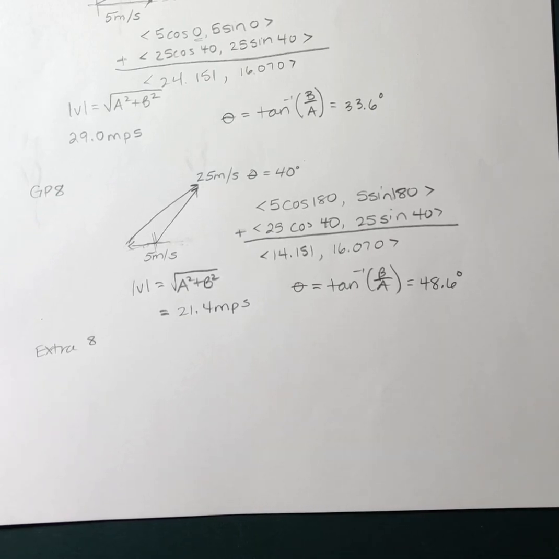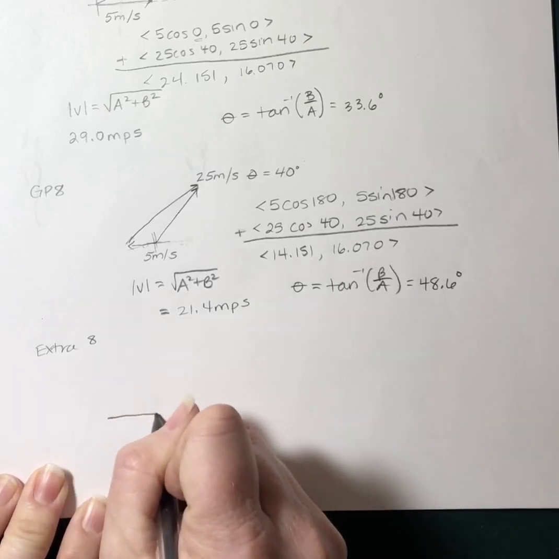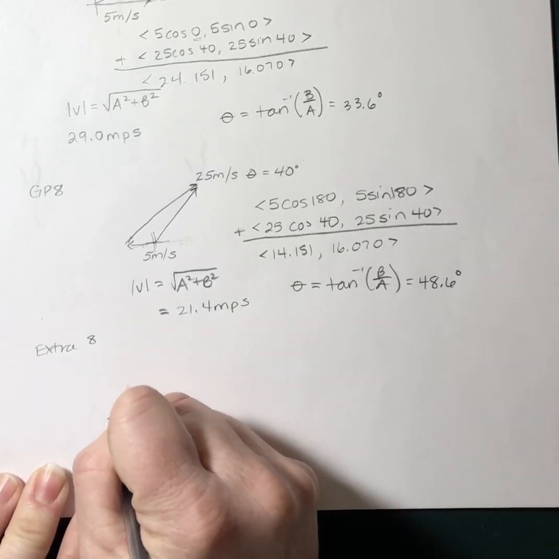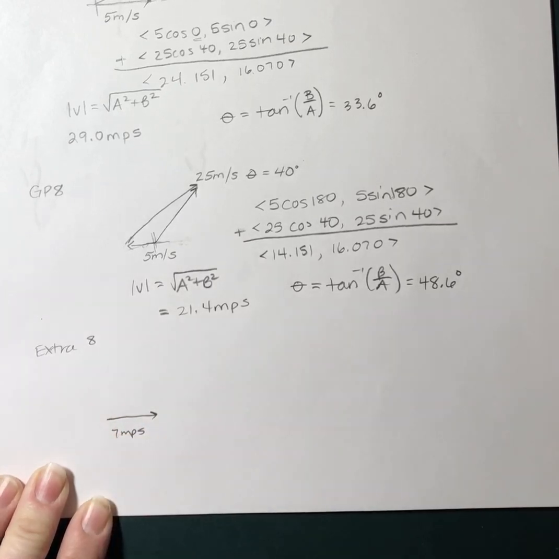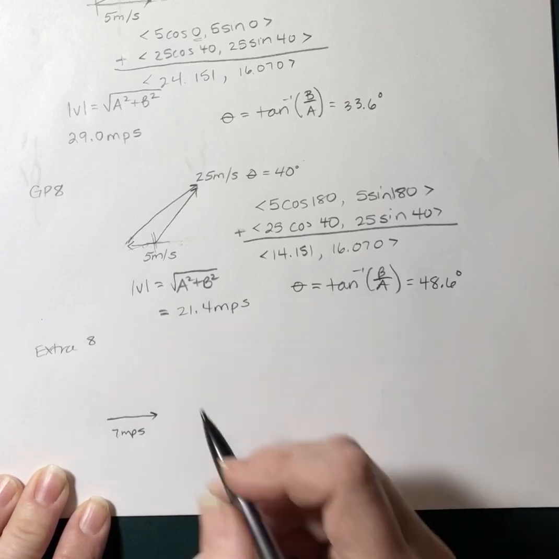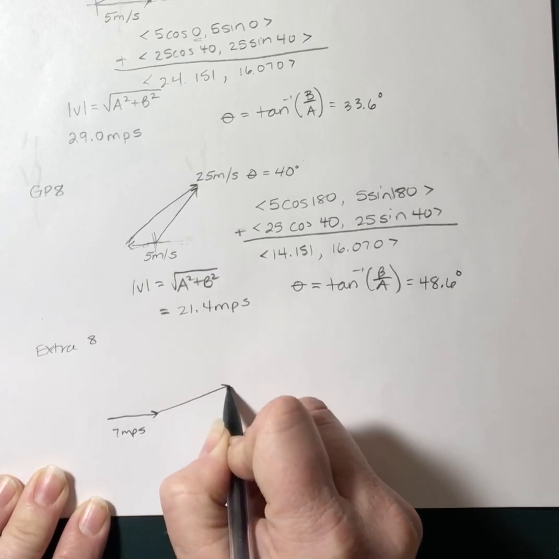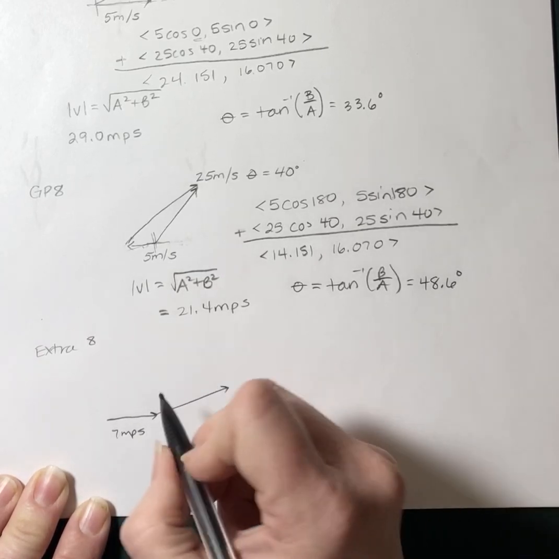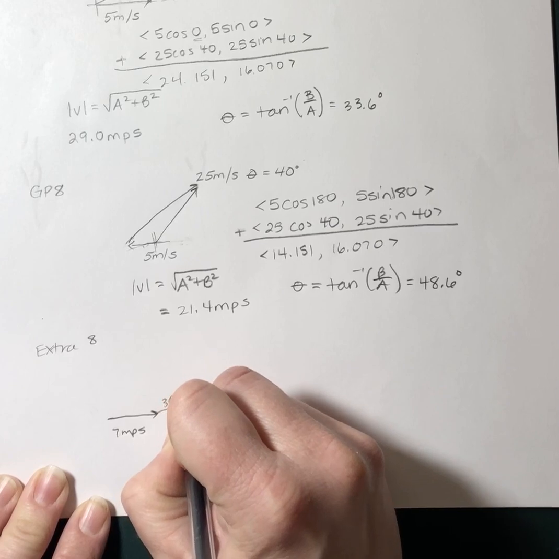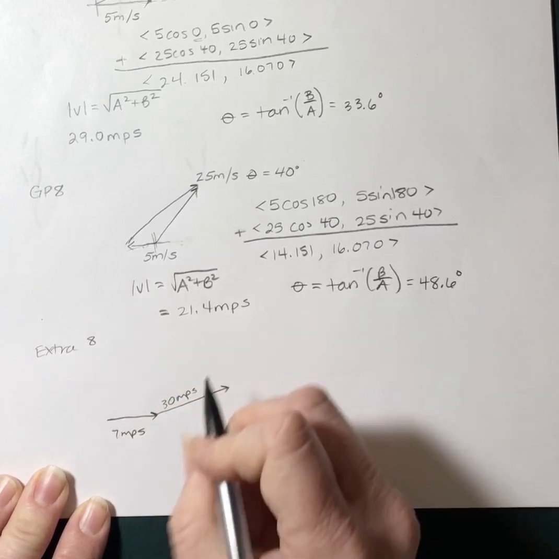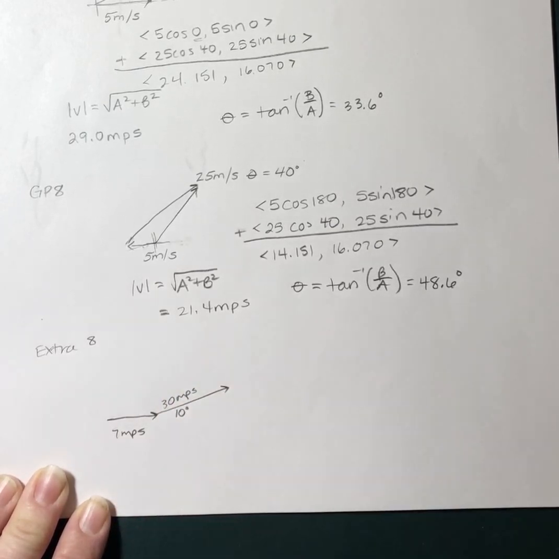A soccer player running forward at 7 meters per second kicks a soccer ball with a velocity of 30 meters per second at an angle of 10 degrees with the horizontal. So this one is 30 meters per second at an angle of 10 degrees.